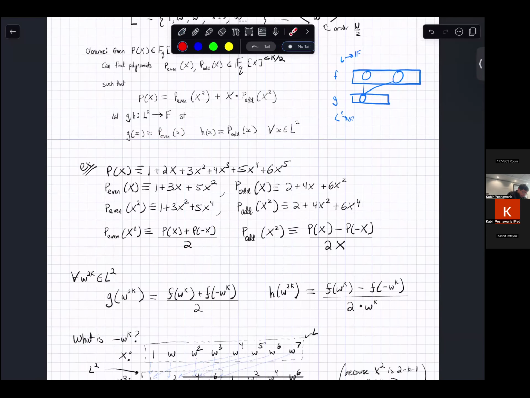If P is a real polynomial, so P even is a real polynomial, and we have this polynomial identity here.